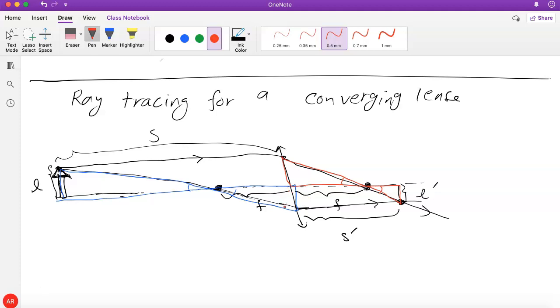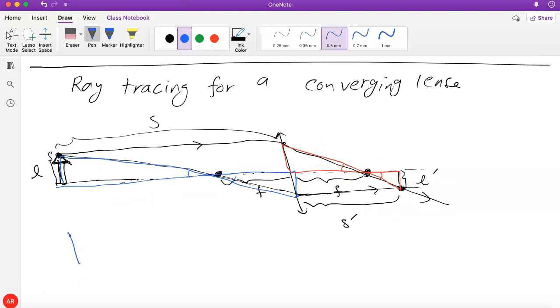Now, in these triangles, let's identify the various lengths. So let me draw the blue ones again over here. So this length from here to here is L. This is L prime, right? See, L prime is from here to here, but these two are parallel, right?